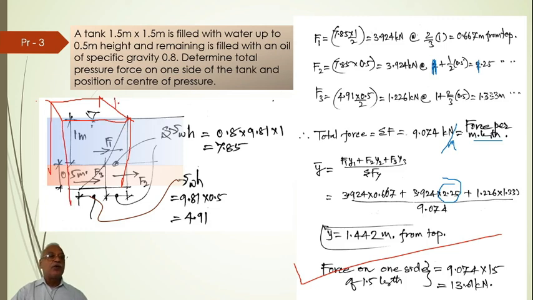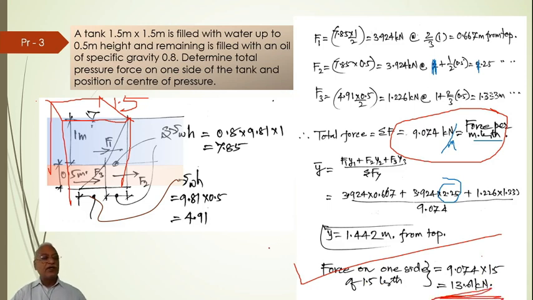This length is 1.5. Now what I have calculated here is force per meter length of the wall. If I want it on one side of 1.5 meter, I have to multiply by 1.5 meter, so that it becomes 13.6 kilonewton. That is the additional important information that you should know. Thank you. We will stop here.